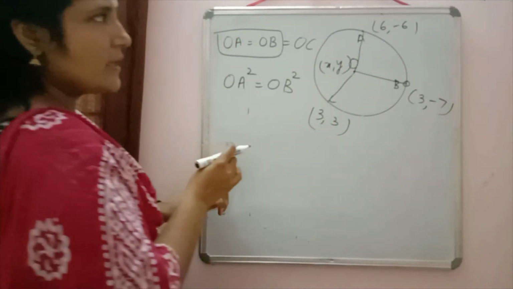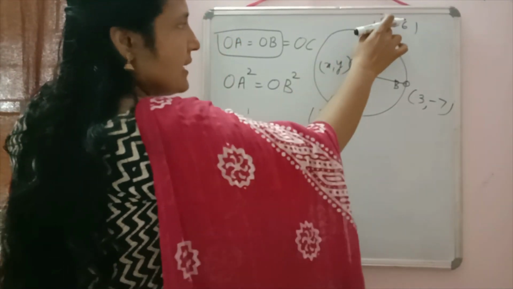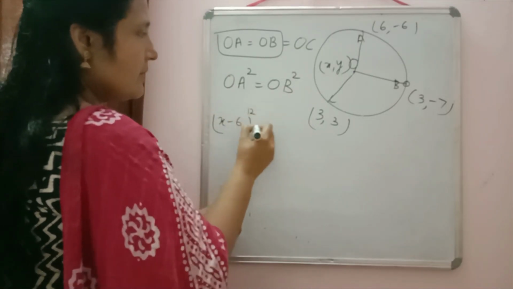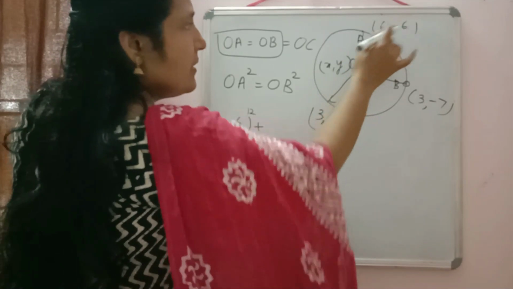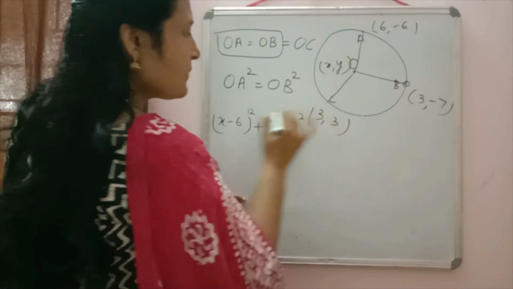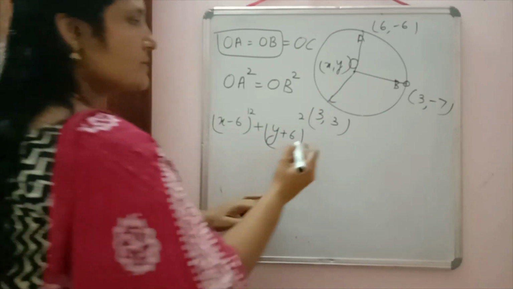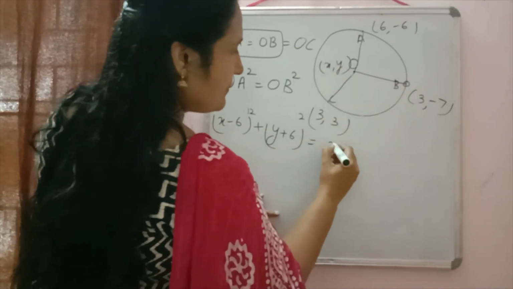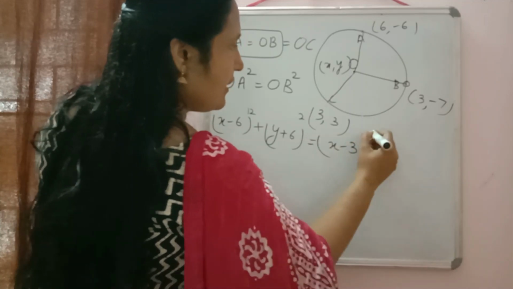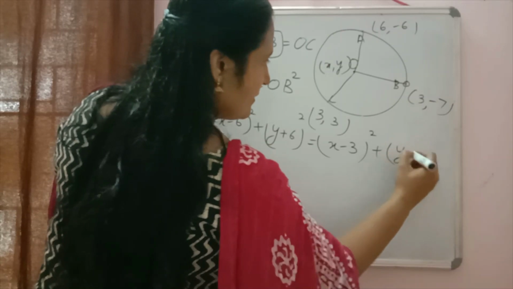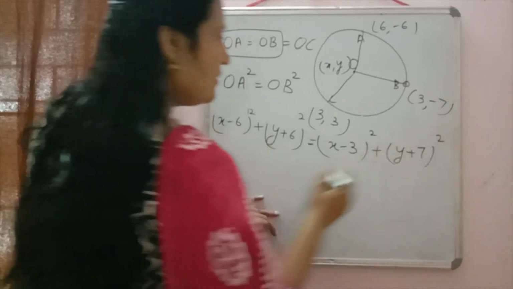So OA square will be equal to x minus 6 the whole square plus y plus 6 the whole square, equal to OB square. So OB square will be x minus 3 the whole square plus y plus 7 the whole square.